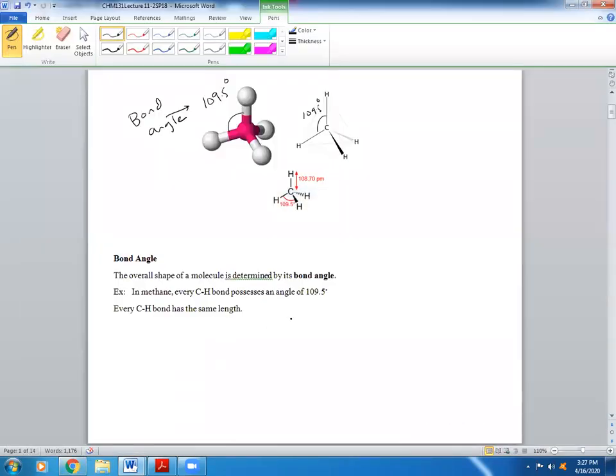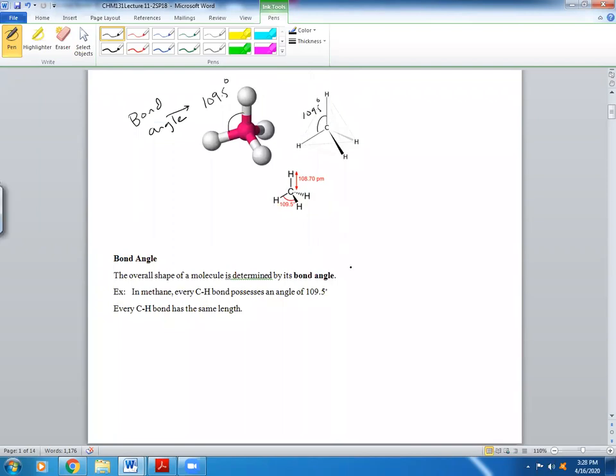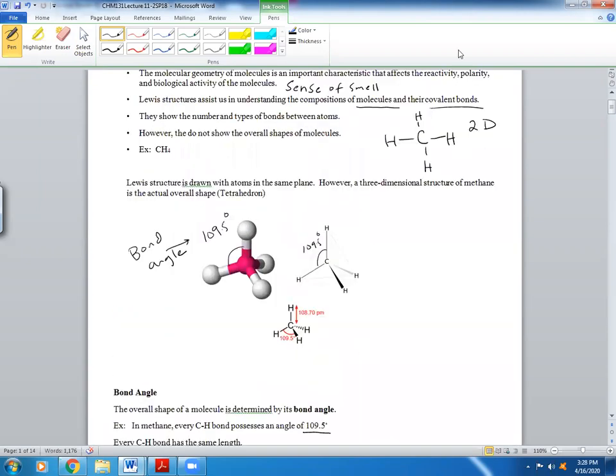How do we draw this structure? I'm going to show you the way of drawing this structure, because we will use this all the time. So for tetrahedral, for example, because it's really the most important shape, especially when you get to organic chemistry, that angle is the most important one. What you do is you put a carbon in the middle, and then the hydrogens are going to have to be distributed around. But we can't just show them as we did here, because that wouldn't do it. That's a 90 degree, it looks like it.